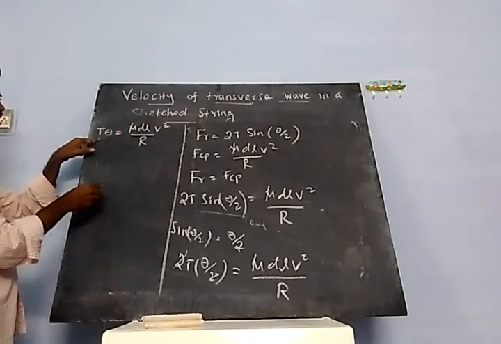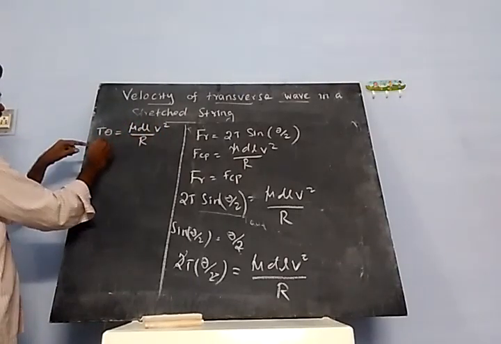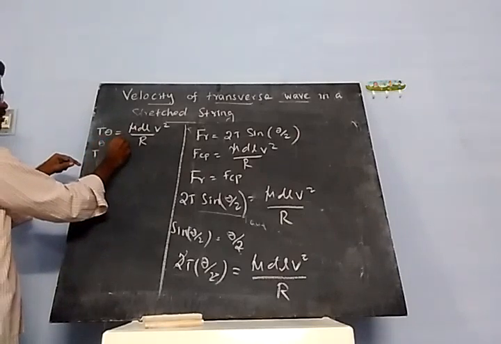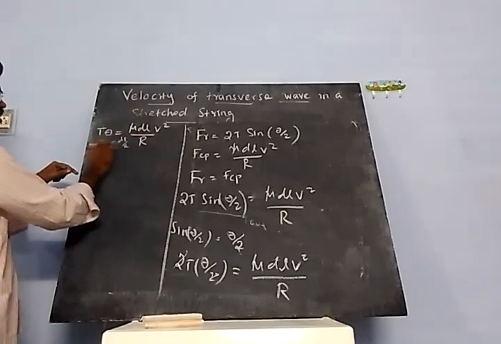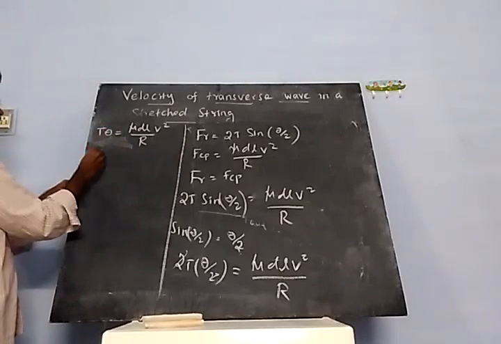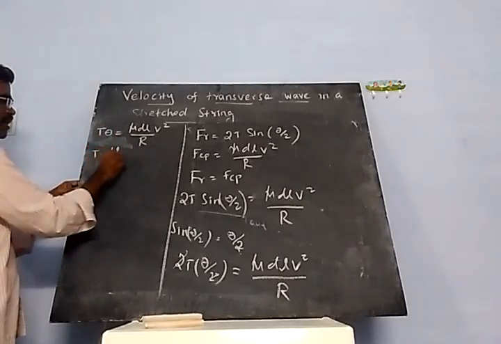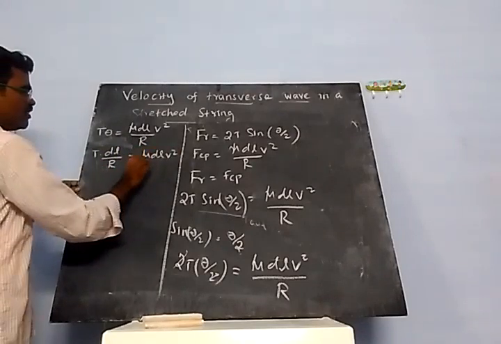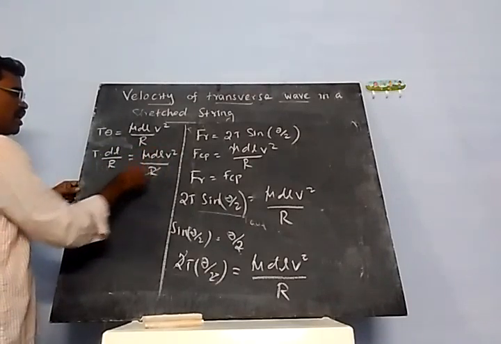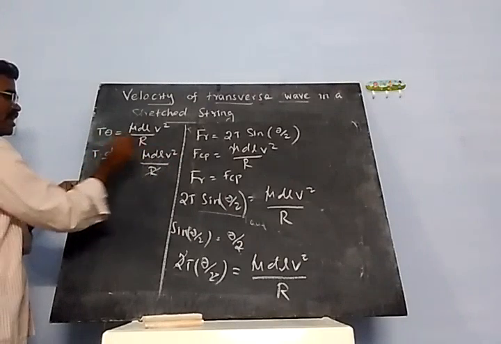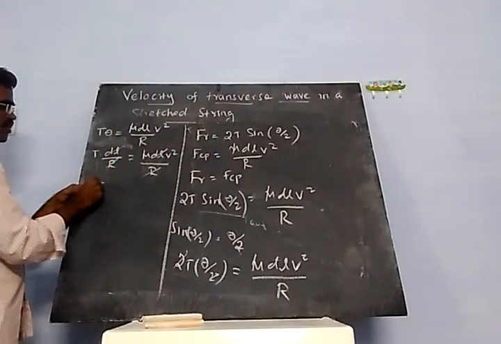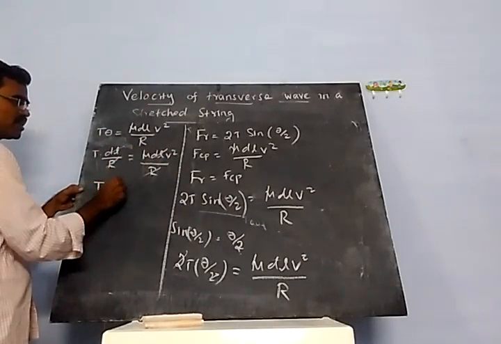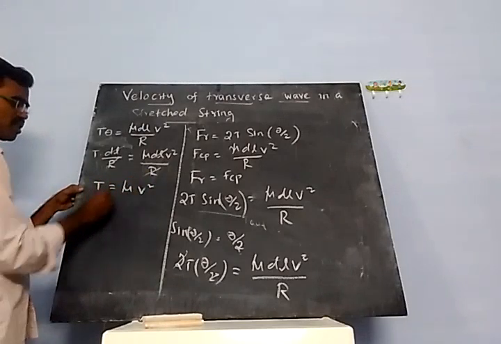So theta is equal to, what is the formula here? Theta is equal to dl by r. That value you can substitute. So T into dl by r is equal to mu dl v squared by r. r cancels and dl cancels. So the remaining part, we get T is equal to mu v squared.